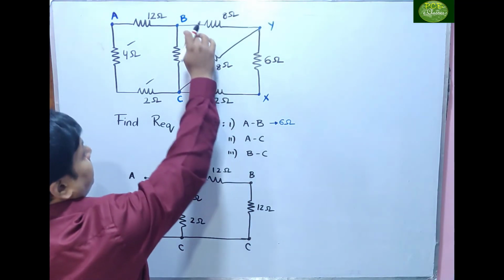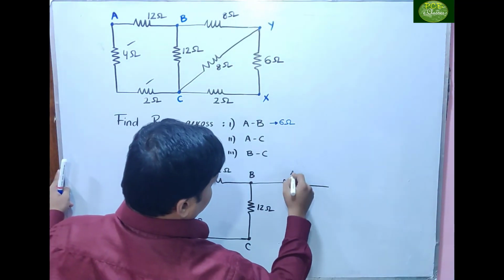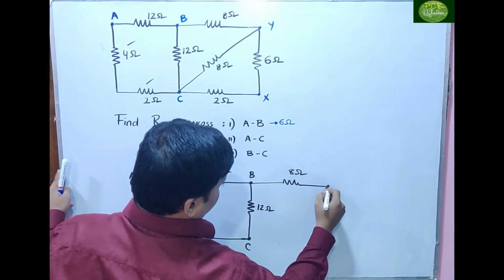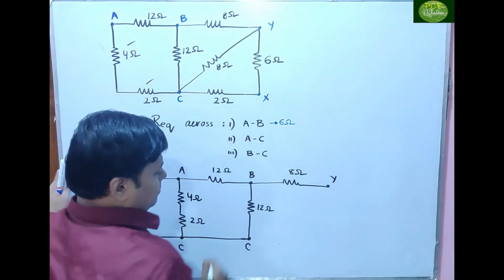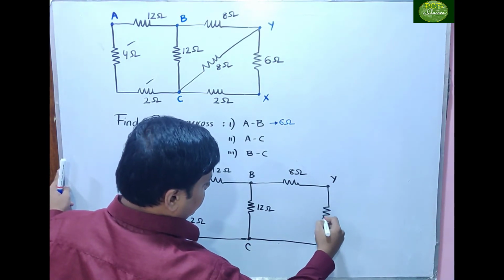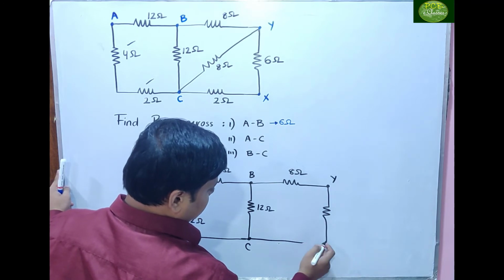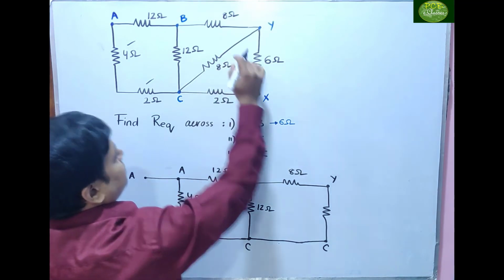Next, B to Y, 8 ohm, and this terminal is Y. Next, C to Y. Again I will elongate. This terminal I can say is C. C to Y, how much? 8 ohm.